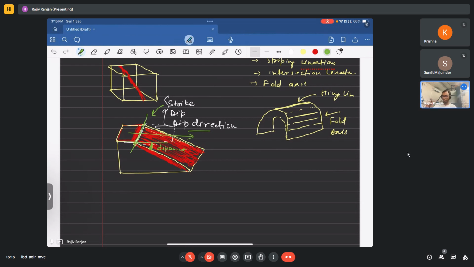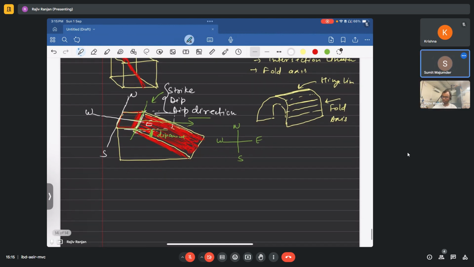If you imagine here, this is north, this is south, this is east, and this is west. To make it easier, I will consider this is north, this is south, this is west, and this is east. So which direction is this bed dipping towards, Sumit?